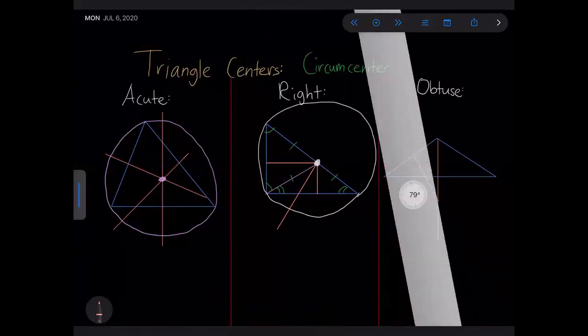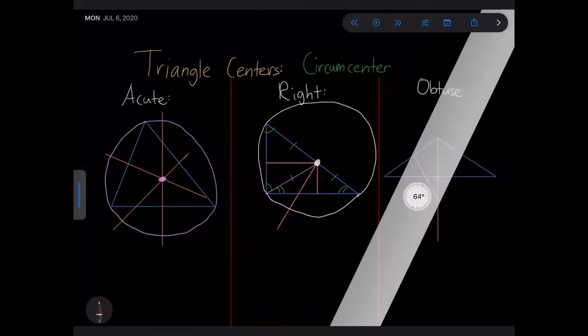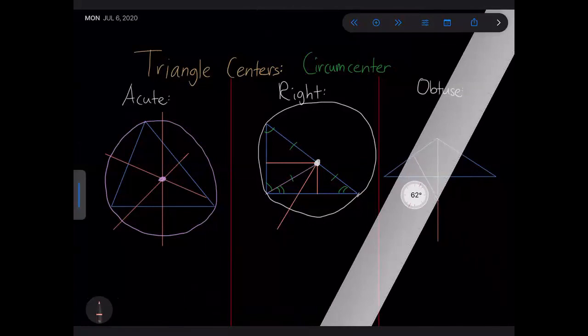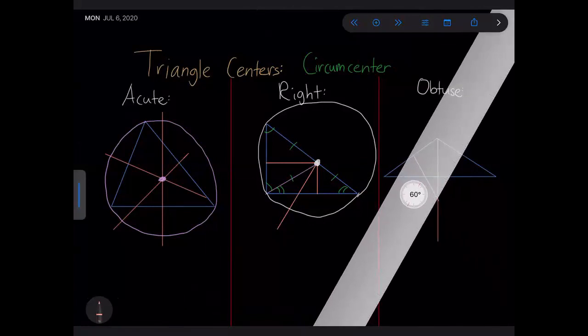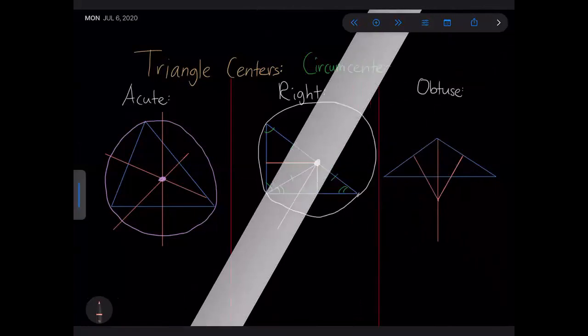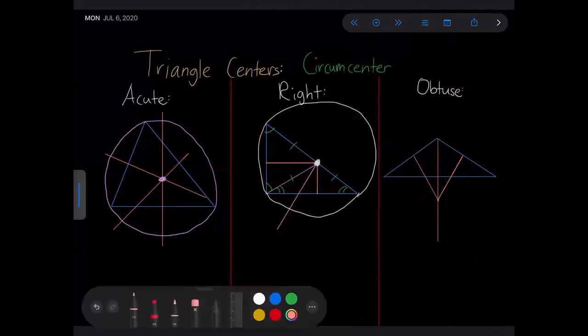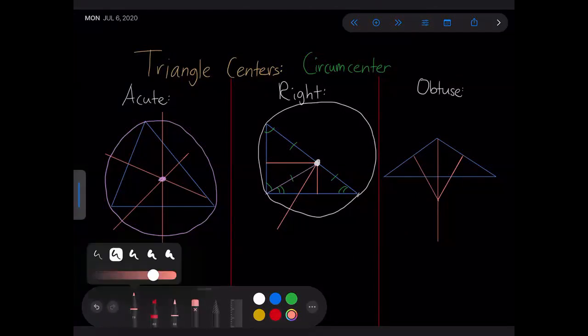The circumcenter is actually going to be outside the triangle. There we go. All three are perpendicular bisectors and they're going to intersect at one point.